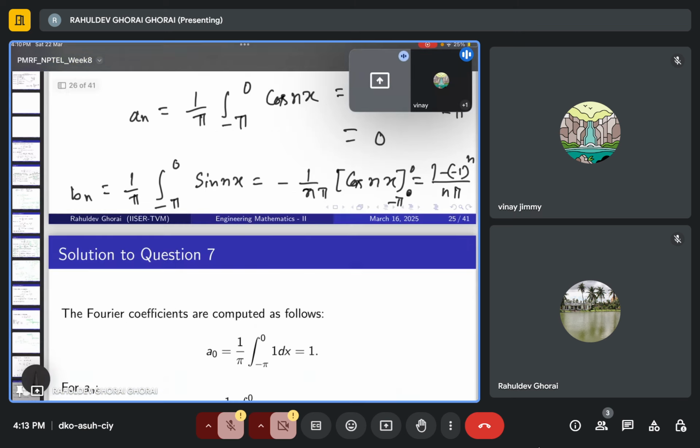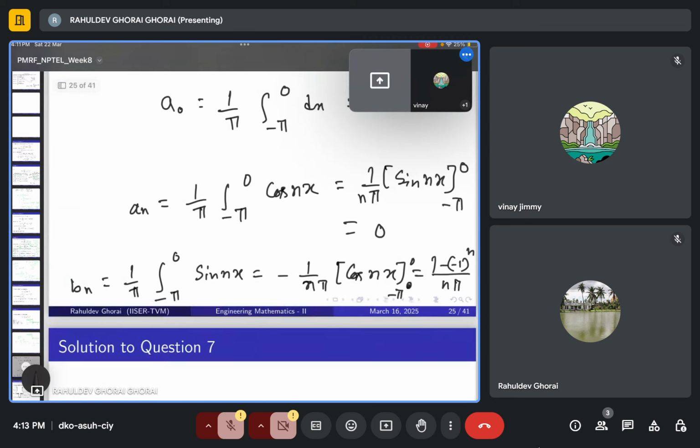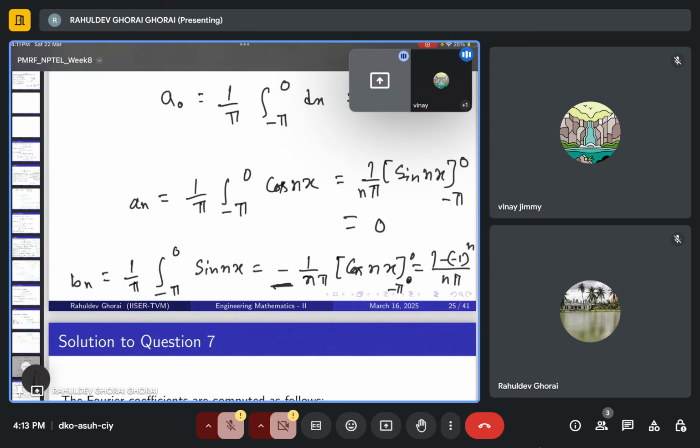Sorry, cos n pi minus 1 over n pi. Yeah, the total negative is also there, so it will be the negative of this. Yes. So from here you can write minus 1 by n pi, cos 0 means 1 minus cos n pi.